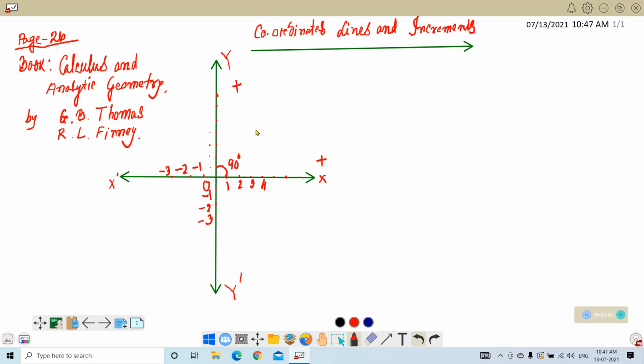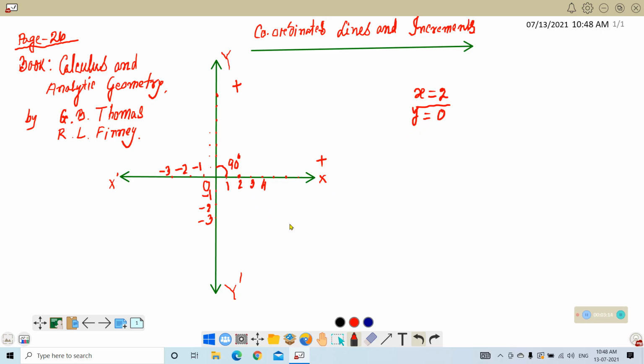So any point along this x-axis and y-axis has been defined by these small segments. Now when x is equal to 2, this point corresponds to this point. x is equal to 2, and along the y-axis, y is equal to 0.